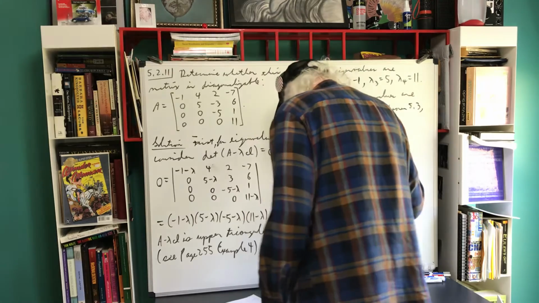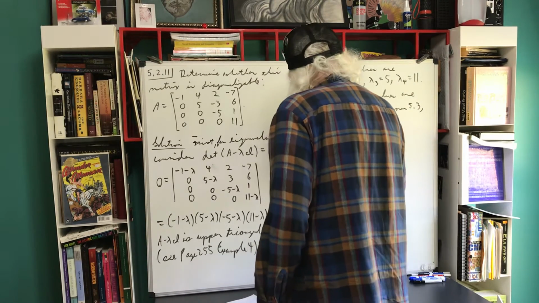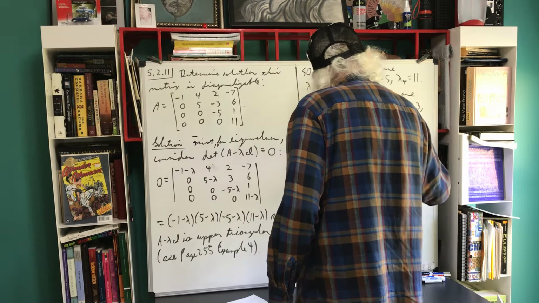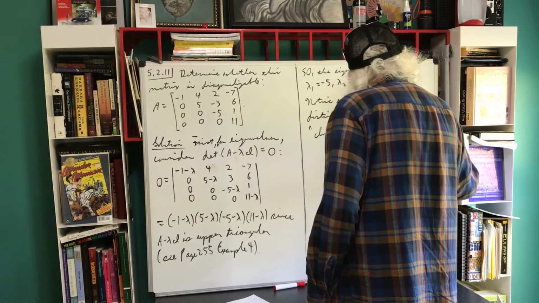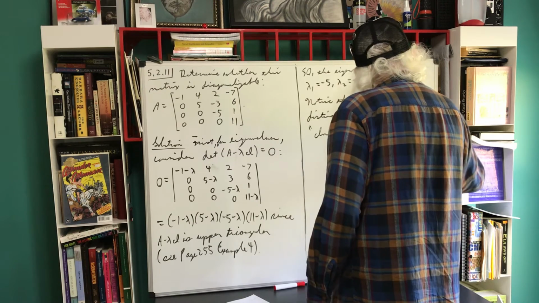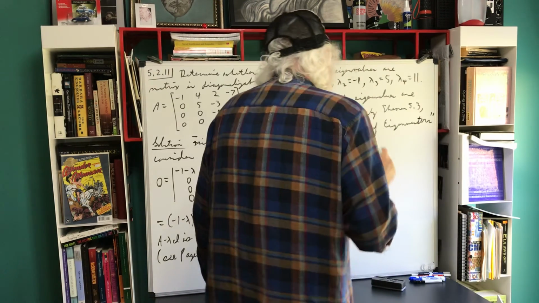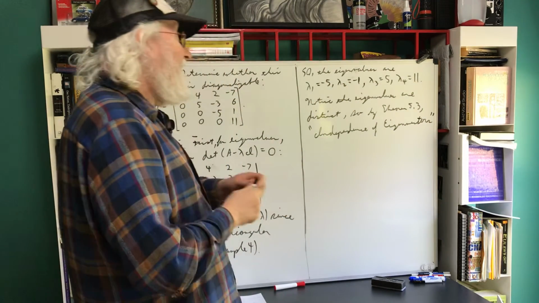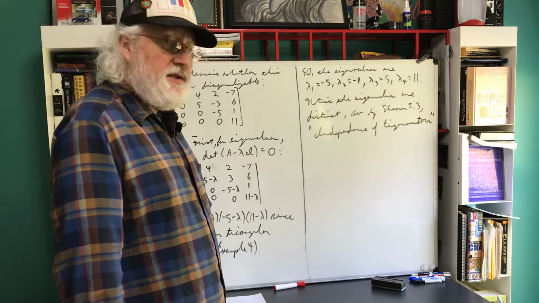That one had a little name. Its little name was independence of eigenvectors. It said, in part, that eigenvectors associated with different eigenvalues are linearly independent.